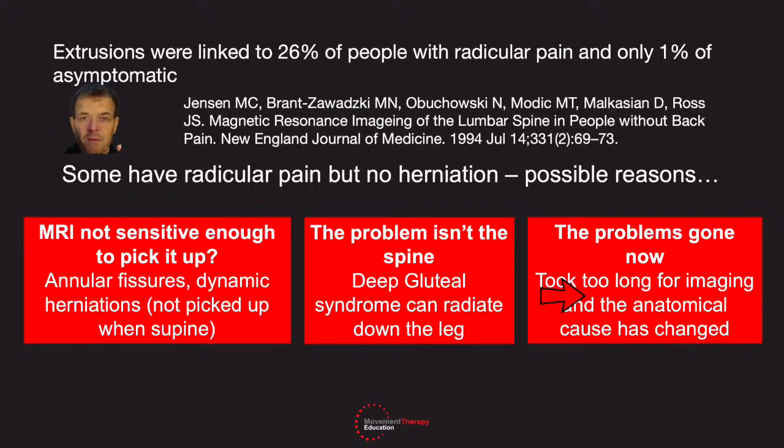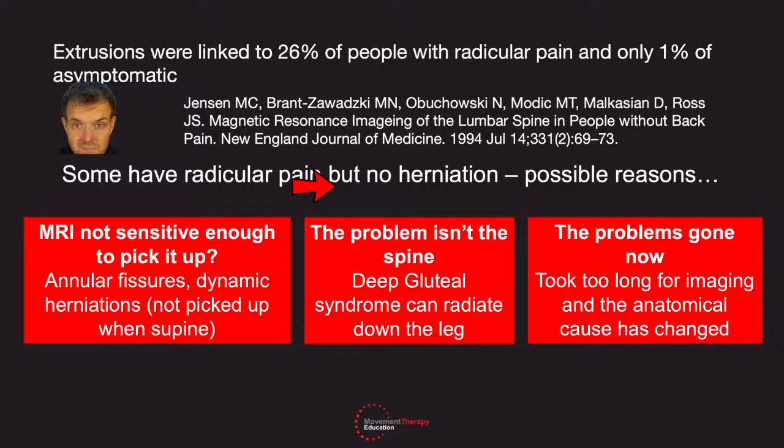Okay, and you can't image chemical irritation, you can't see it. So there may have been a disc bulge that has since reduced. It's taken like 12 weeks to get a scan, and during that time, it's reduced far enough that it doesn't look as if it's compressing anything anymore. So they look at it and they go, well, there's no compression. Yeah, so that could be a reason as well.